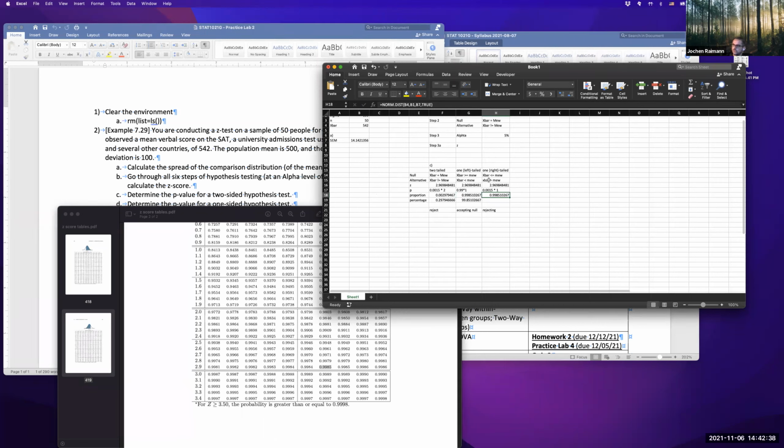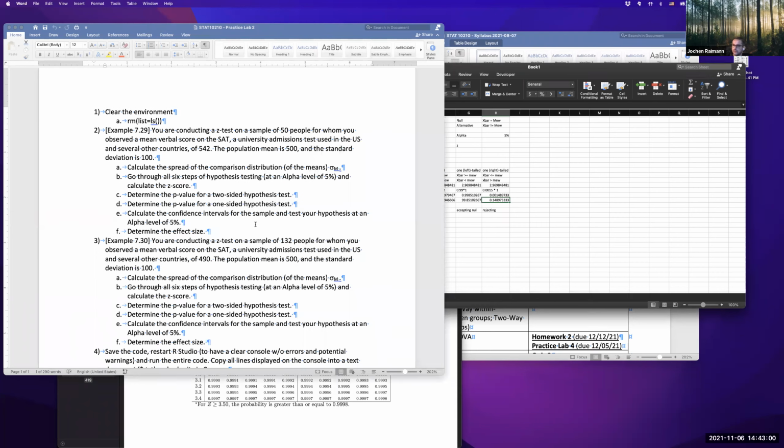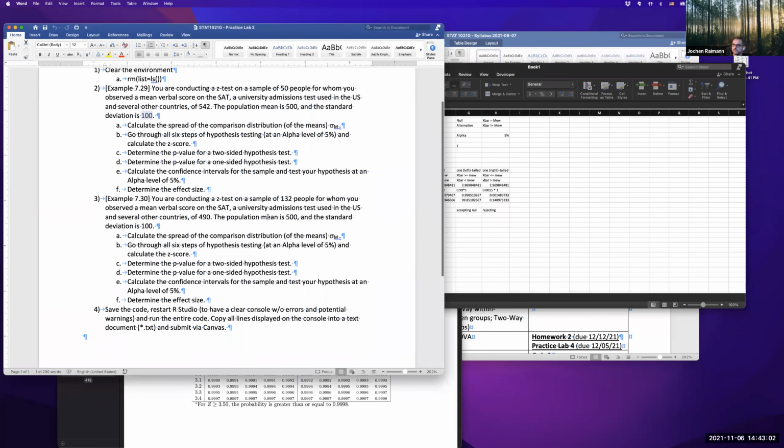However, since your alternative hypothesis is only taking everything greater than that, you need to do 1 minus this, okay? And this multiplied by 100, that's 0.15. Good. So this is how you do hypothesis testing in Excel, which you know already, right?